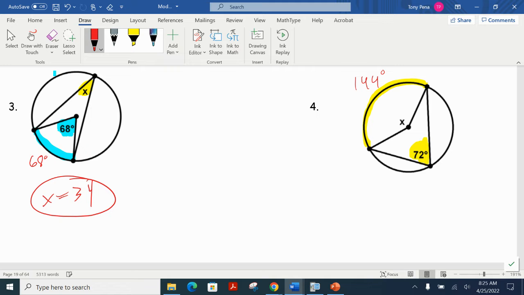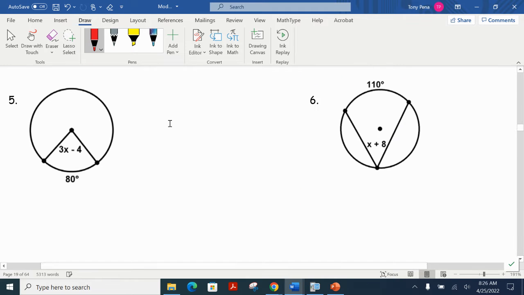Yeah, so that's 144. 72 is half of the arc. So that's our rule that allows us to know the arc. And then if we know that's 144, then this has to be what, Joe? 144. Good. Then X has to be 144. So the central angle has the same degree measure, and the inscribed angle has half of that measure. Okay? So that's two of our rules that we want to keep straight.